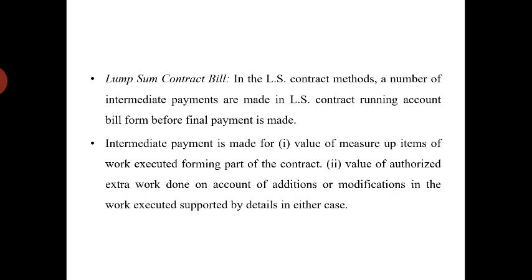Then the value of authorized extra work done on account of addition or modification, the work executed supported by details in either case. The first one, this kind of payment is made based on the measurement books.